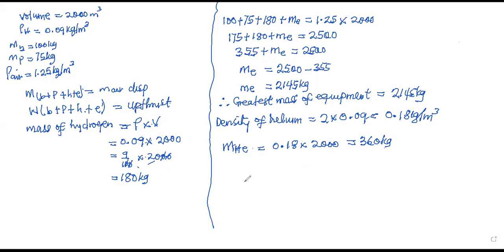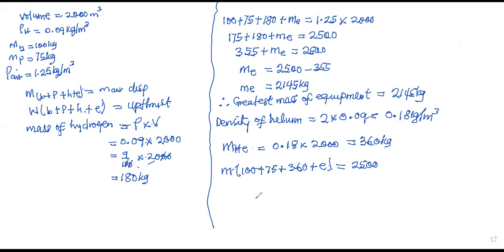And so when we fill it with helium, the mass of balloon 100, mass of pilot 75, the mass of the helium gas within 360 plus the mass of equipment must still be equal to 2,500, which is the mass of air that will be displaced.